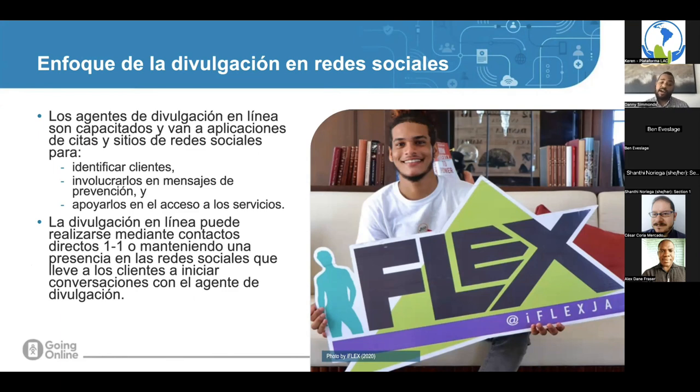This outreach can be conducted through one-on-one direct engagements, like starting a chat or phone call, or by maintaining a social media presence, which is going online daily and sharing content on their individual social media pages, with the hopes that clients will see this information and reach out to them, requesting more information and ultimately being linked to services. Next slide, please.